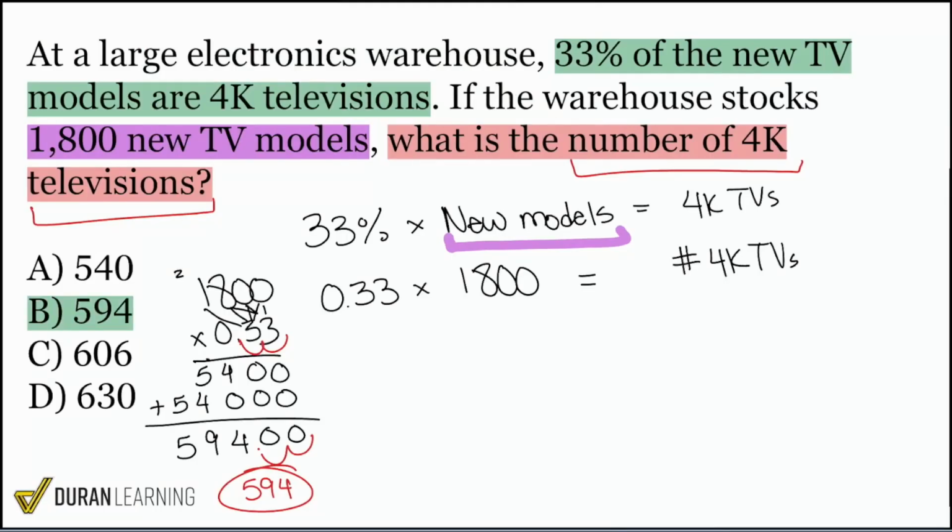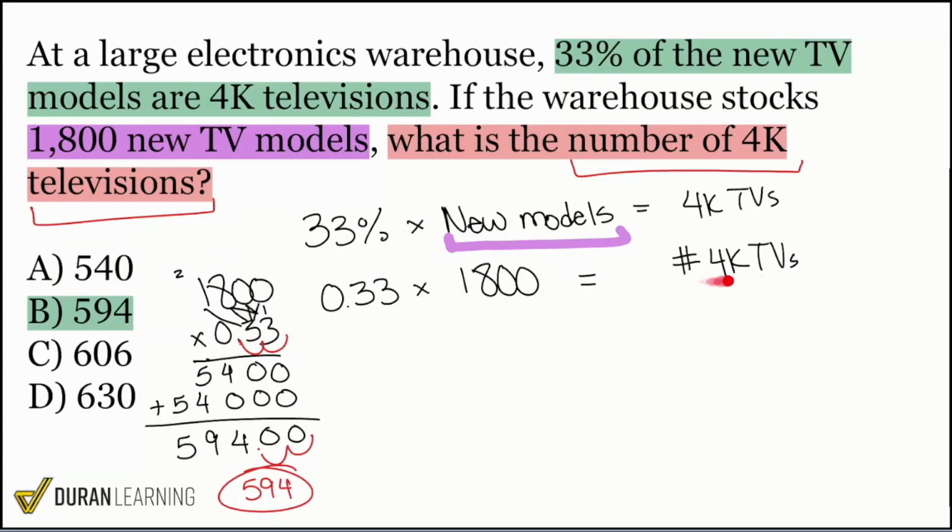And again, the reason that this is not going to be a working backwards instance is because when we translate the English into math, we see that it says 33% of the new TV models are 4K TVs. Well, we know that there's 1,800 new TV models, so they're basically saying 33% of 1,800 is the number of 4K TVs.